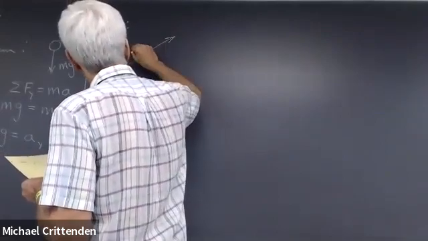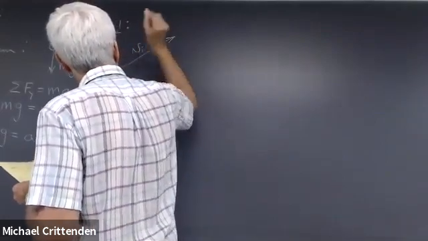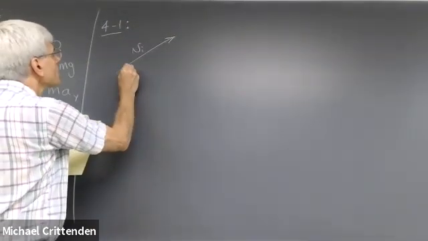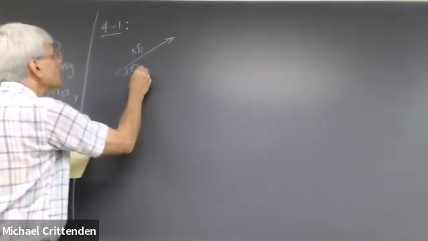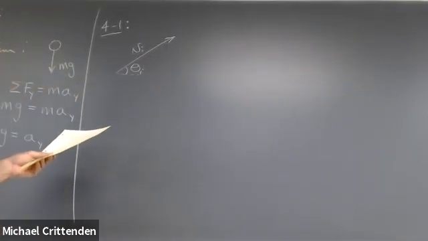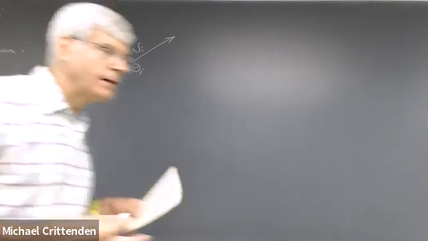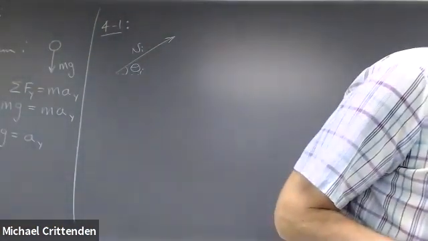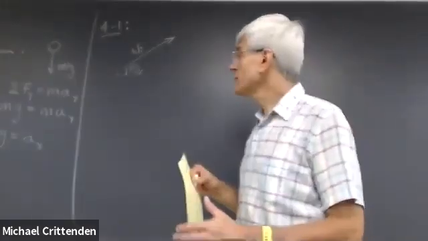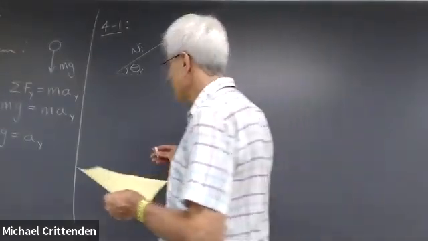The question says the initial velocity is vi, and when it first leaves your hand, it's moving in a direction theta I, measured as usual counterclockwise from the x-axis.